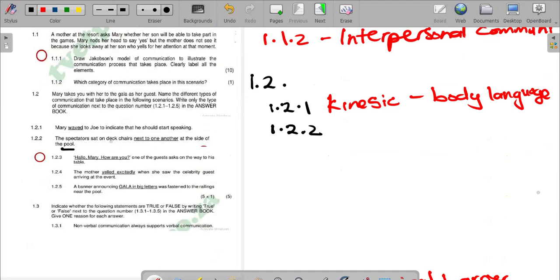What type of communication is this one? We call it proxemics, which is the study of distance, or zones. They sit on deck chairs next to one another. That's proxemics. Let's move on to 1.2.3.